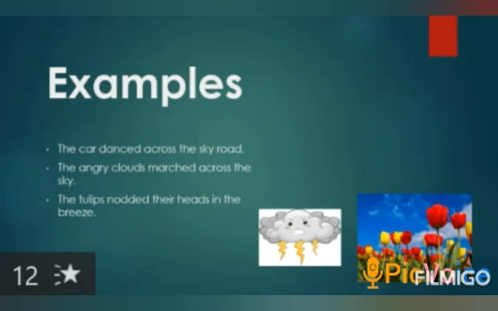These are examples of personification, because we are using human quality here. The writer has given human quality to an object. It can be any non-living thing, any animal or any object. As you can see in these examples, human quality has been given to these objects.